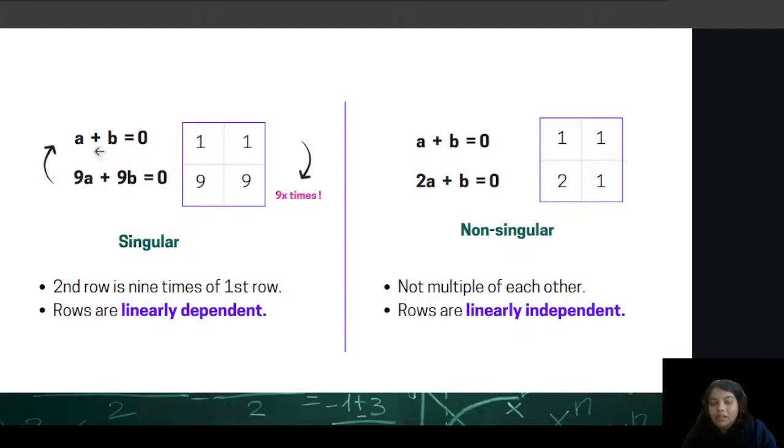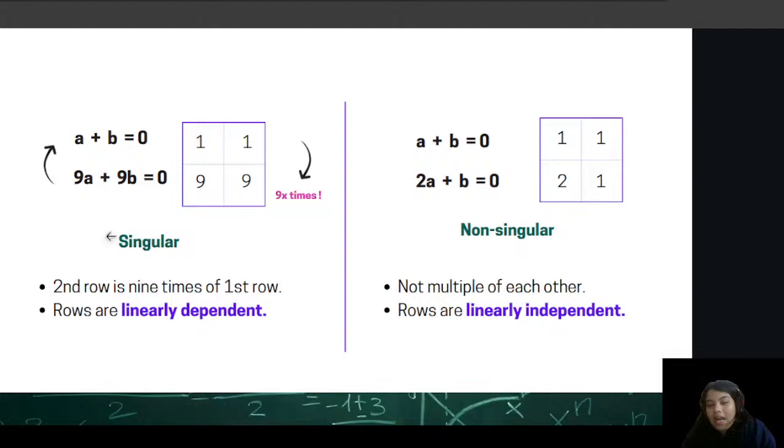We can represent this system of equations as a matrix by taking their coefficients and converting them into a 2 by 2 matrix. So there is 1 1 9 9, and on the right side we can also see a system where they have a plus b and their coefficients.